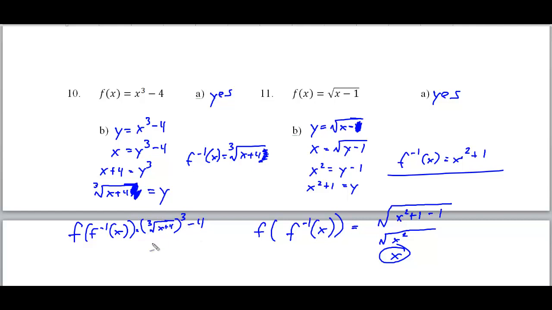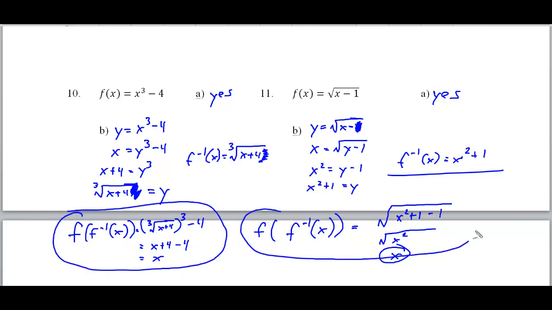So if I cube the cube root, I get x plus 4 minus 4, which leaves me with x. Yay! So I got a little chance here to show you what I do in class, to prove that the inverse, if plugged back in for the problem itself, would always give you the variable x.